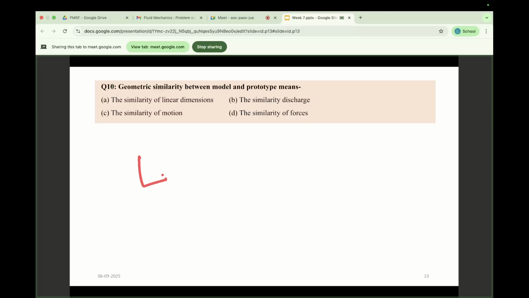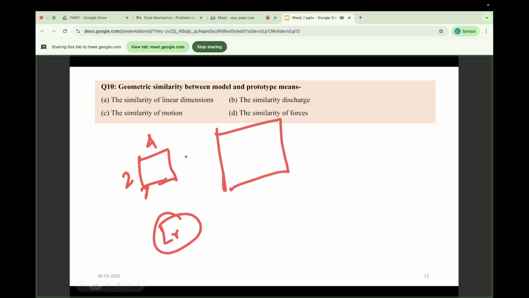Okay. So say this is our small scale and this is our large scale. If in the small scale the length is, say, this is 2, this is 4. There should be a factor LR, which is the length scale factor.